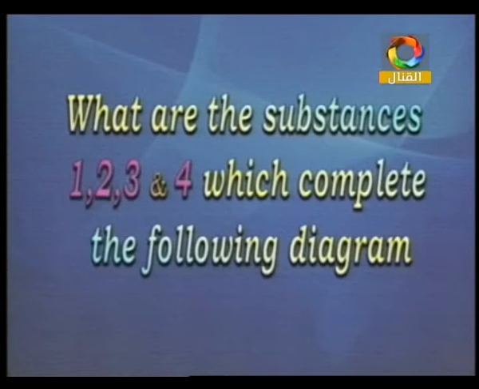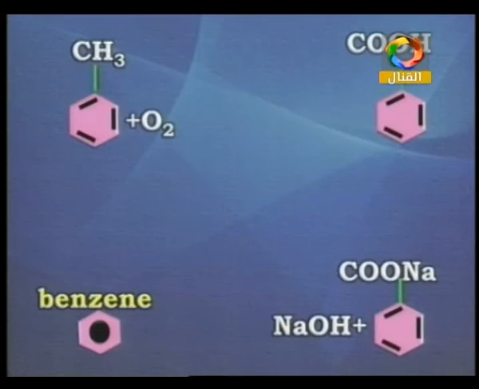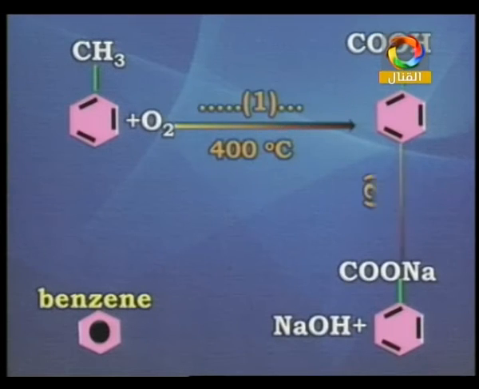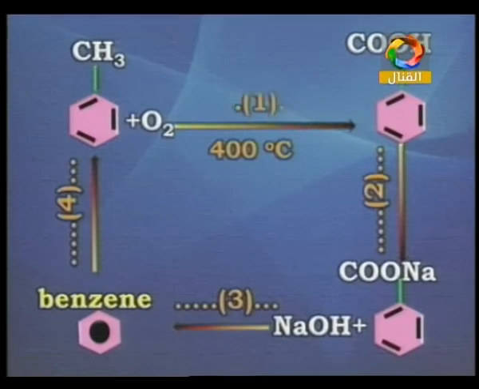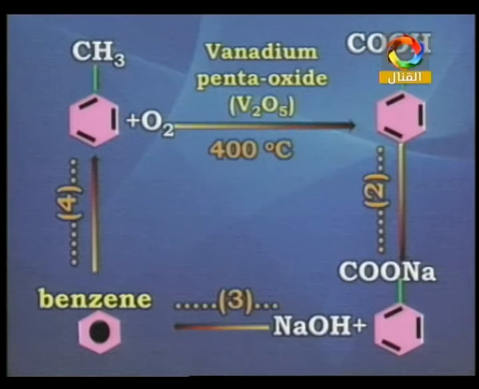Next type of questions. What are the substances 1, 2, 3, 4 which complete the following diagram? Here 1, and here 2, and here 3 as shown on the screen. And here is 4. Here number 1 is vanadium pentoxide. In the oxidation of toluene, it gives benzoic acid.